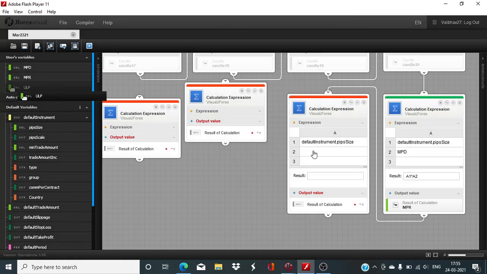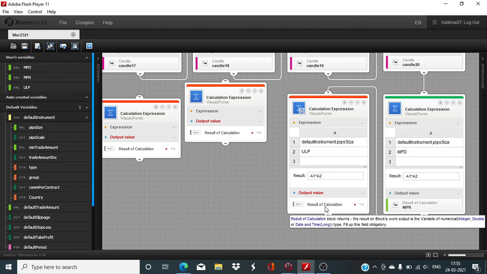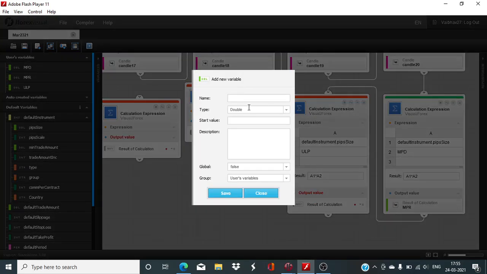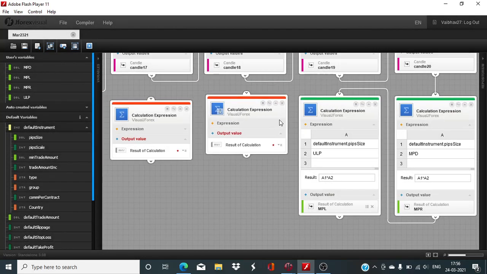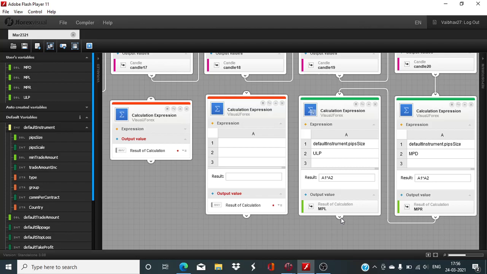So this will be A1 into A2, and this will be the maximum pip difference. We have already used this variable, so it will be limit.